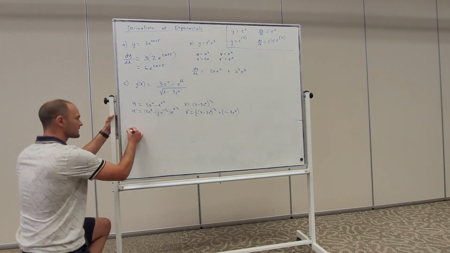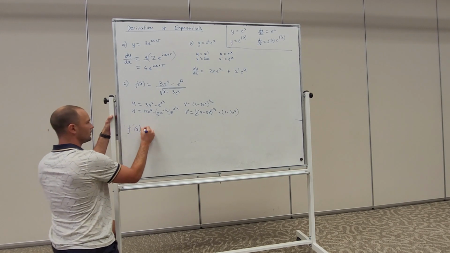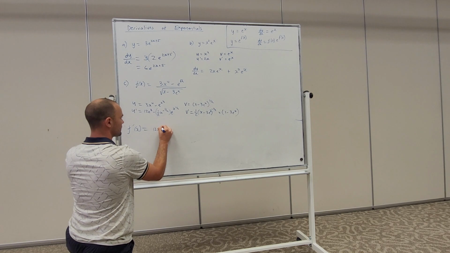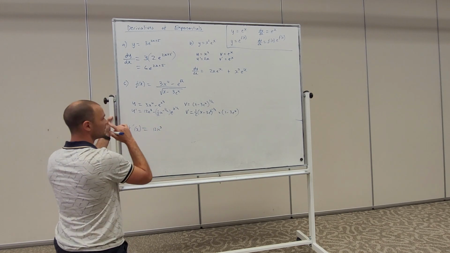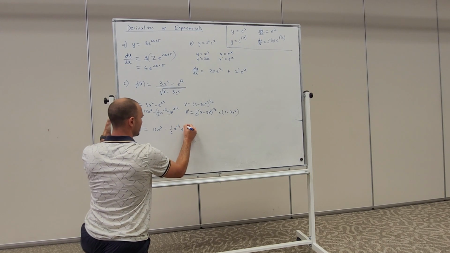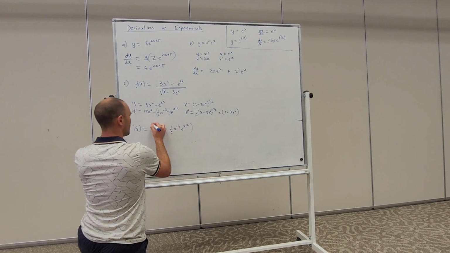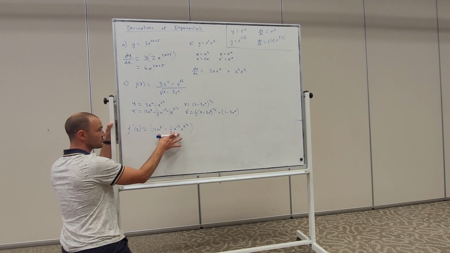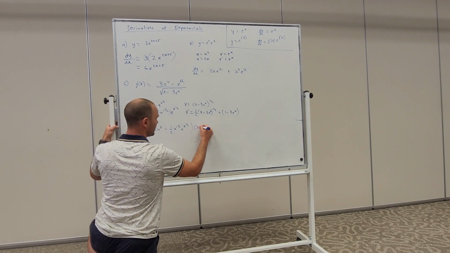We're told f of x, so f dash of x will be u dash v, 12x to the 3, take half x to the minus half e to the x to the half. I'm putting u dash in brackets because it's all of u dash multiplied by all of v.